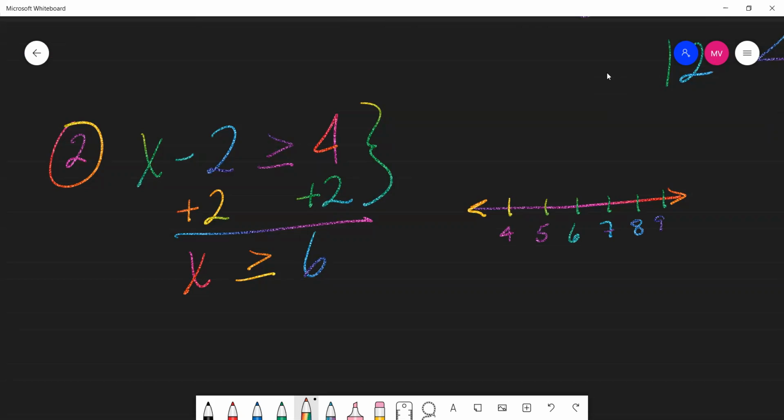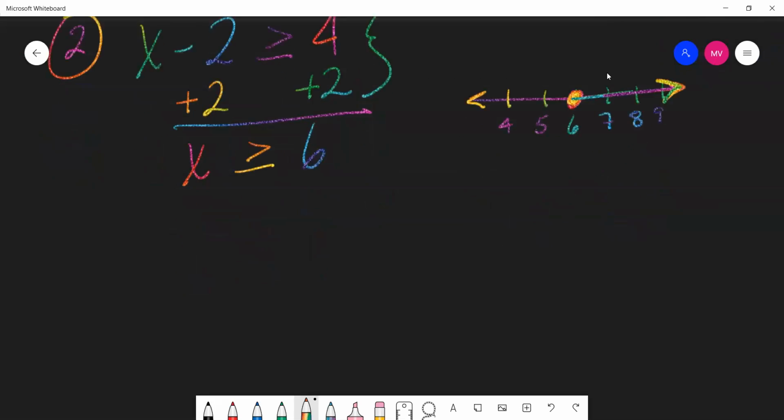Does it include 6 as a possible solution? Can x equal 6? Yes, because this is greater than or equal to, it does include 6. And then x must be 6 or more, so you draw your graph with the numbers getting bigger. It goes to the right on the number line.